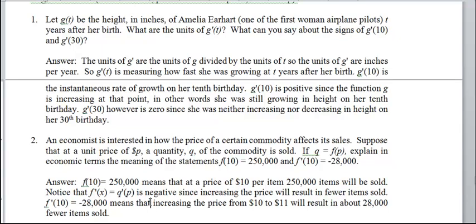Well, what can we say about the actual number there, 28,000? It means that approximately, if we increase from $10 to $11 per item, then that will result in about 28,000 fewer items sold.